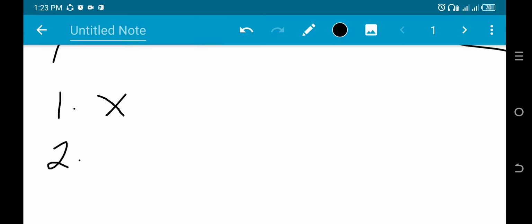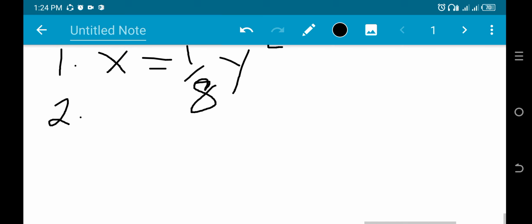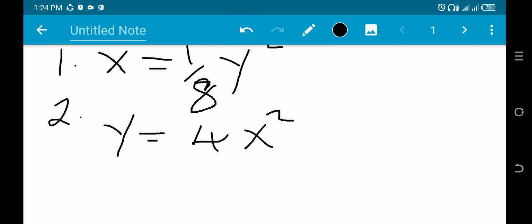The first one is x is equal to 1 over 8 y squared. The second one is y is equal to 4x squared.